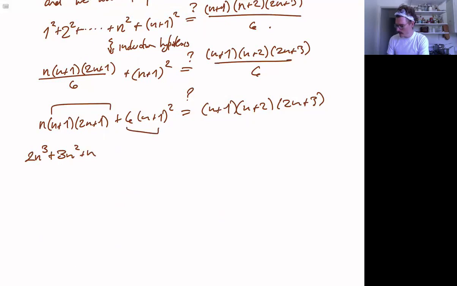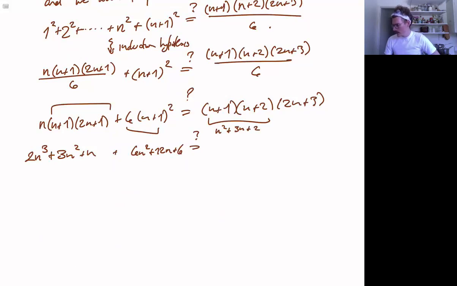And then this becomes n squared plus 2n plus 1. And then you multiply that all by 6. You get 6n squared plus 12n plus 6. And on this side, let's do this first. We get n squared plus 3n plus 2.